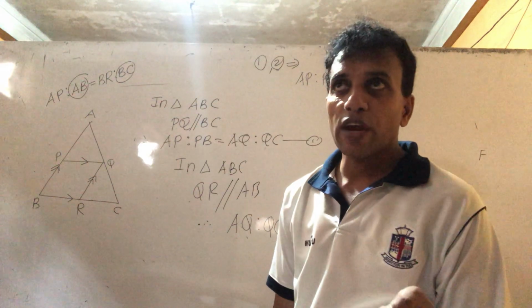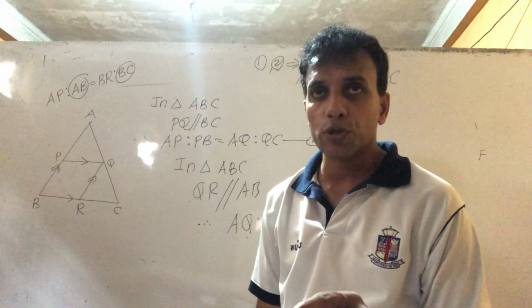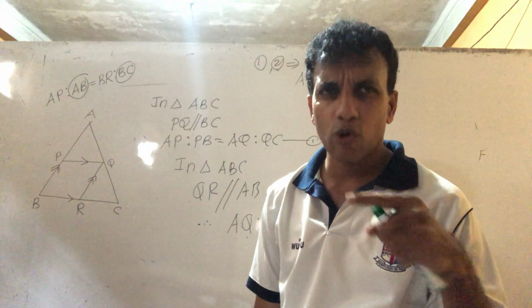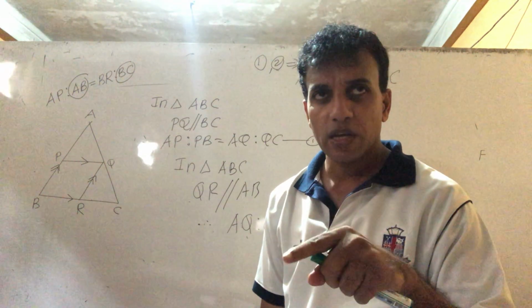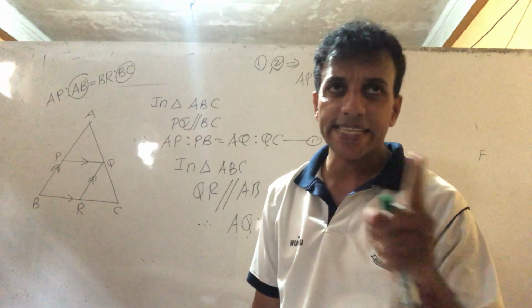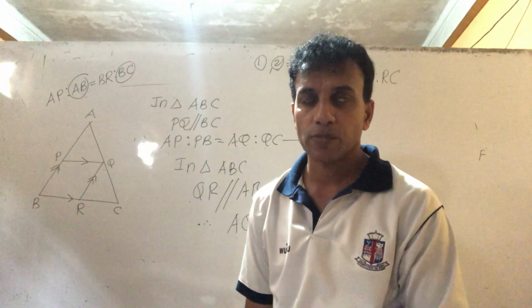So a ratio we can write in fraction form also. In the last two videos I showed that any ratio can be used as a fraction. Then solving the equation is easy, that is the idea we use.